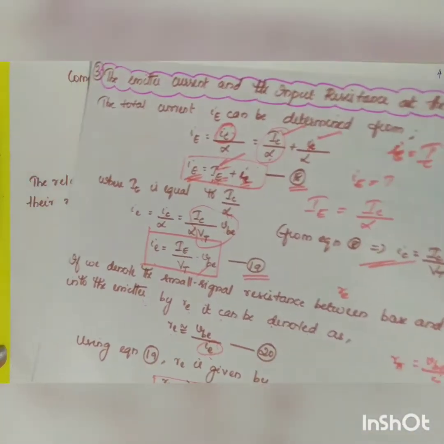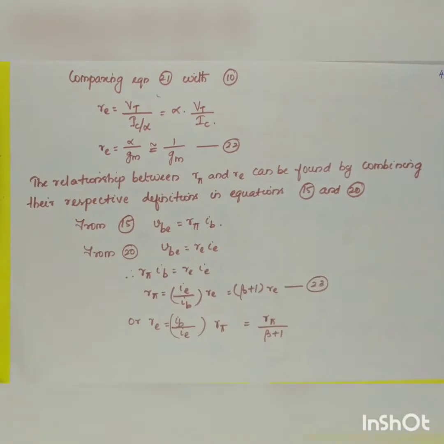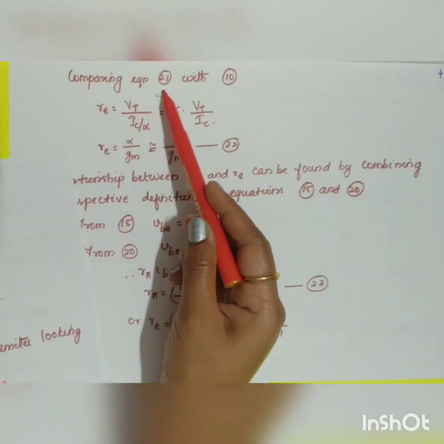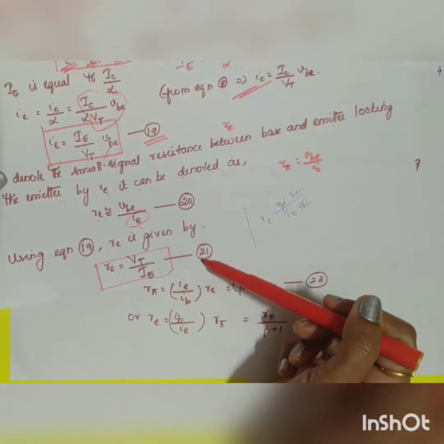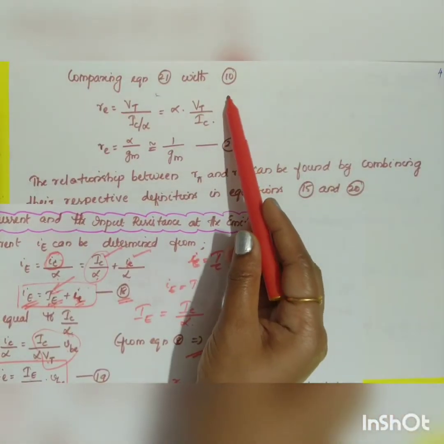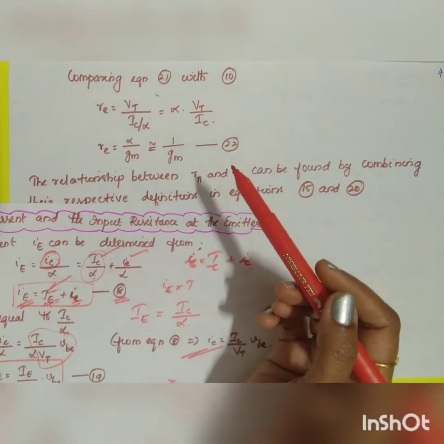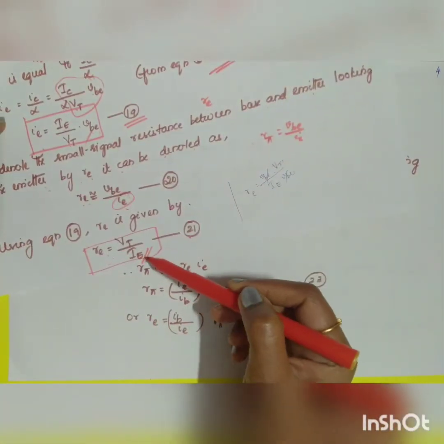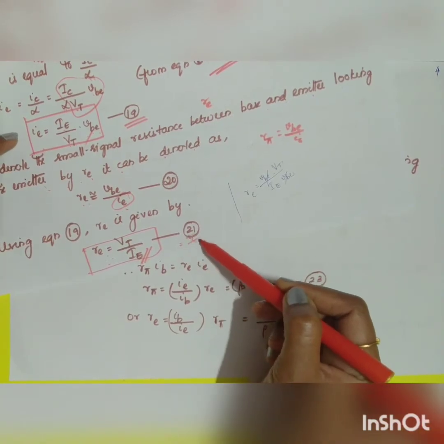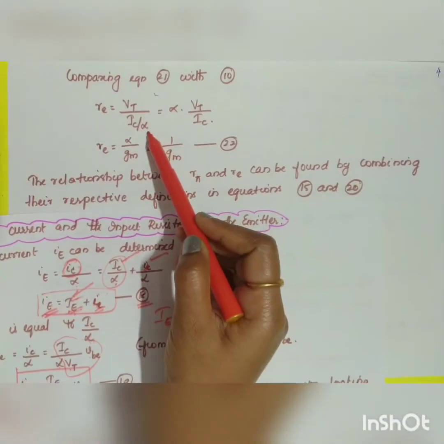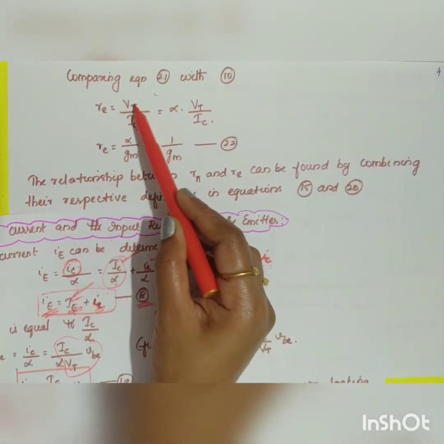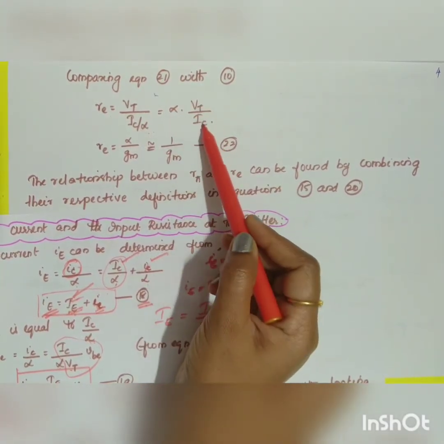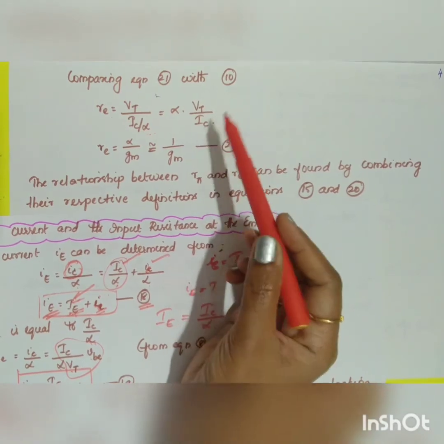Now you are going to find out the relationship between re and r pi. Before that, let us compare equation 21 and equation 10. You can write re, instead of IE, by substituting IE equal to capital IC divided by alpha. So re is equal to VT divided by IC by alpha, which is equal to alpha into VT by IC.